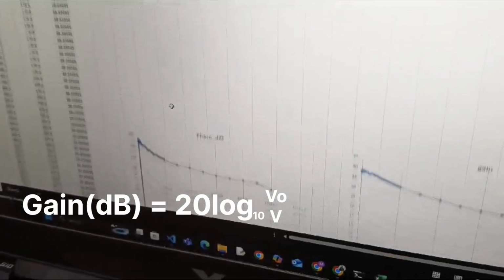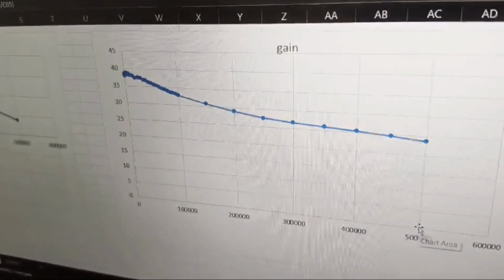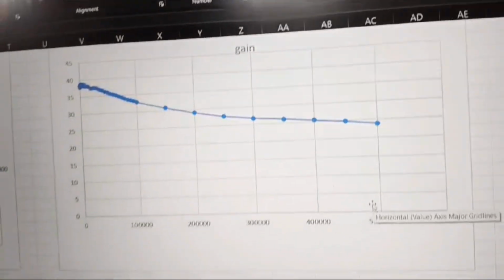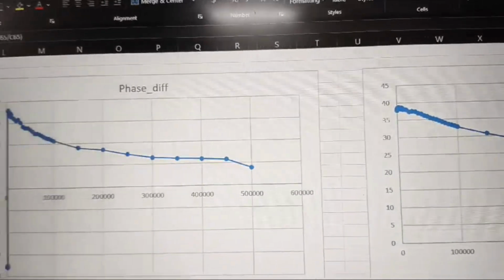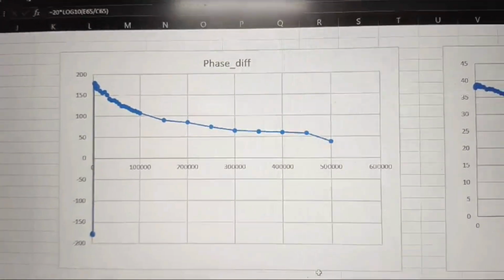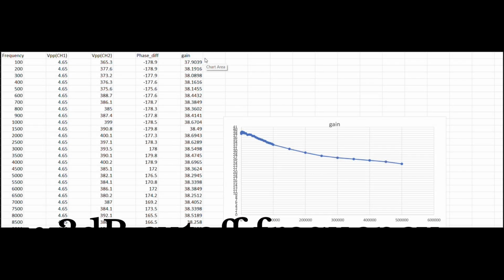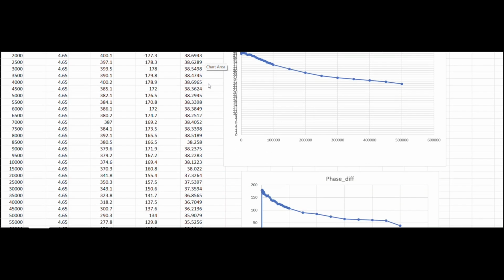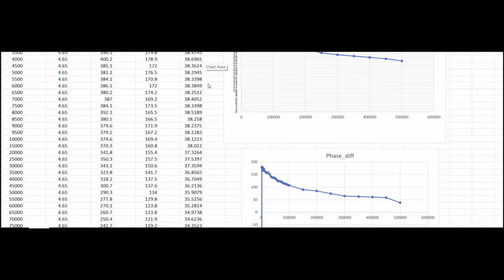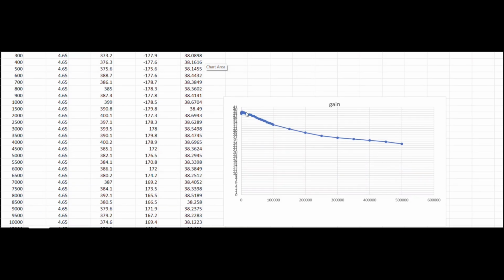So for the magnitude response, we plotted the graph and we got a graph like this. And for the phase difference, this is phase versus frequency. For the 3 dB cutoff frequency, we plot the graphs with the given data. The gain versus frequency graph is here.